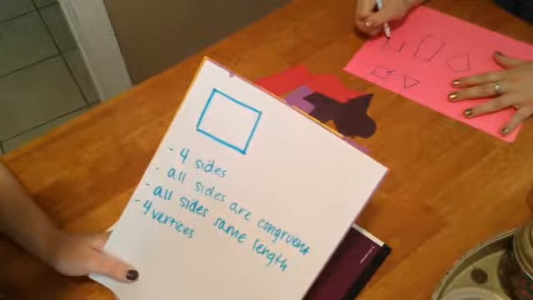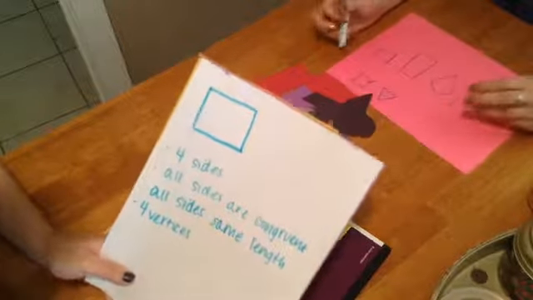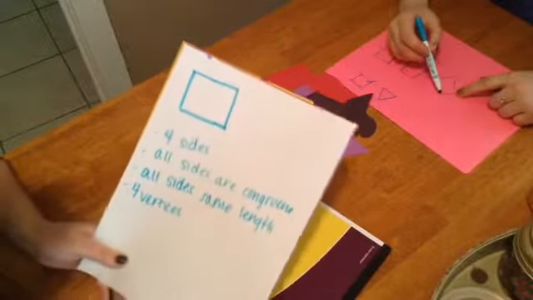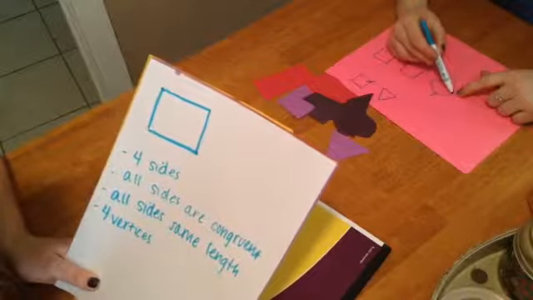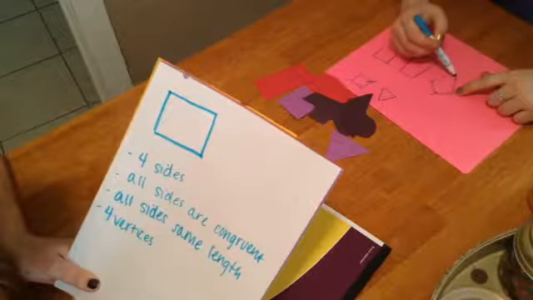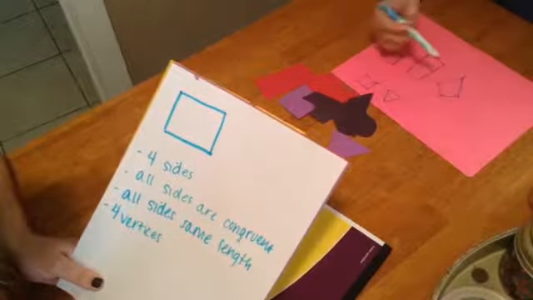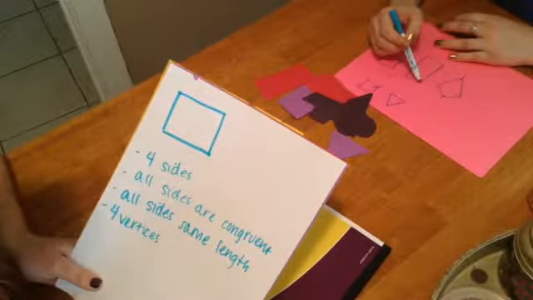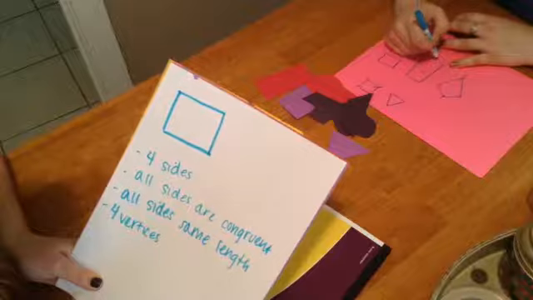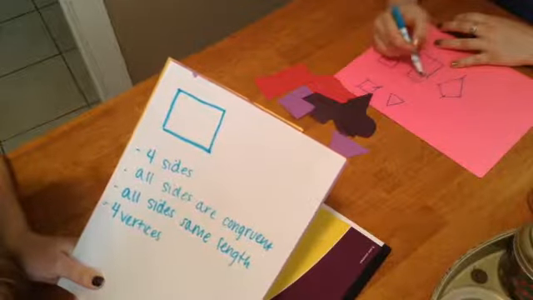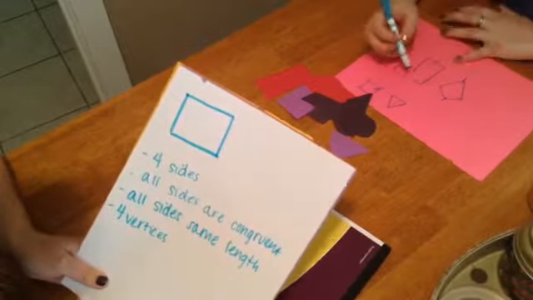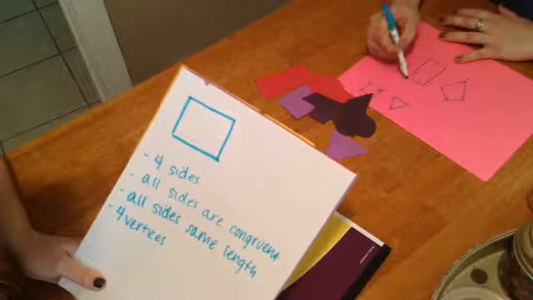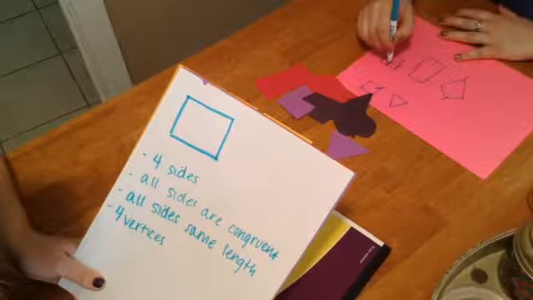Oh, I know what it is. Okay, what did you draw? Well, I drew a kite, because that has 4 sides, and I fly those with my dad. And then you said the sides are congruent, and the rectangle sides are congruent. But then you said all of the sides are the same length, and a rectangle has long sides and short sides, but a square doesn't.